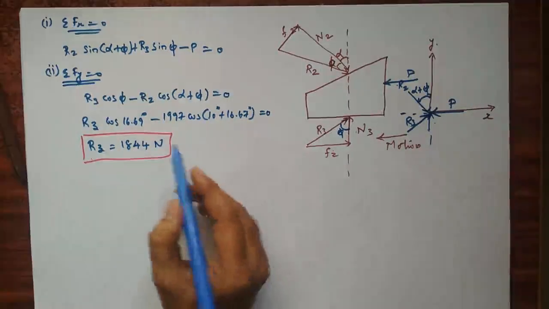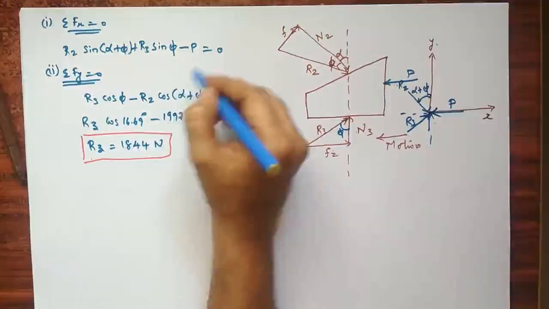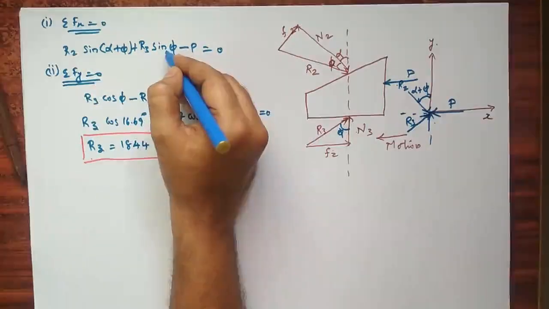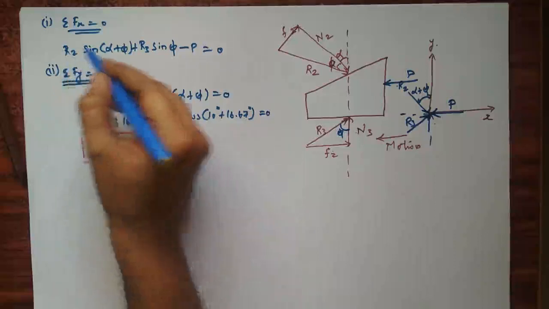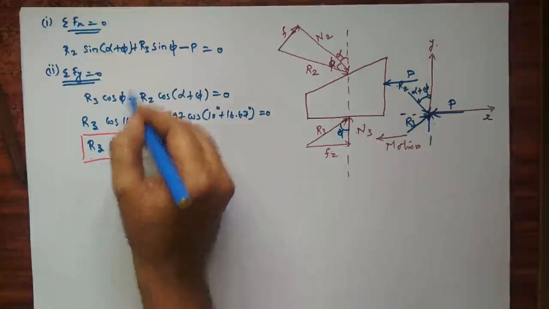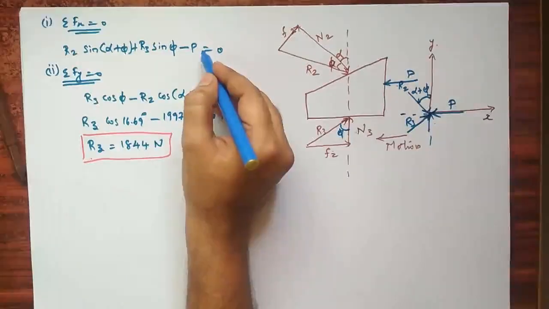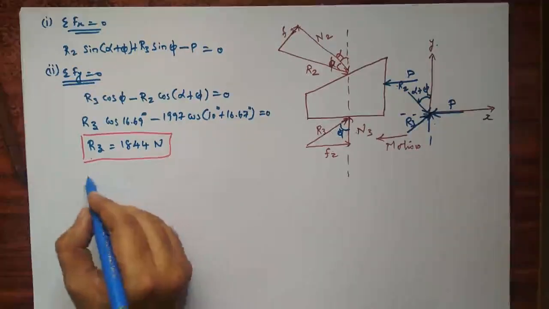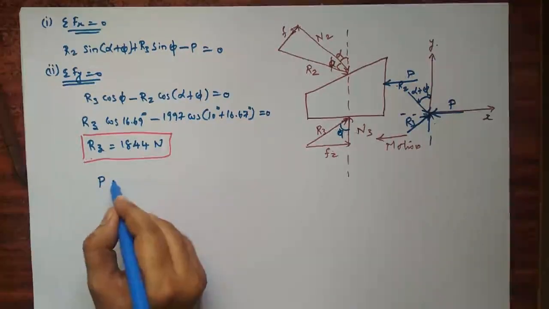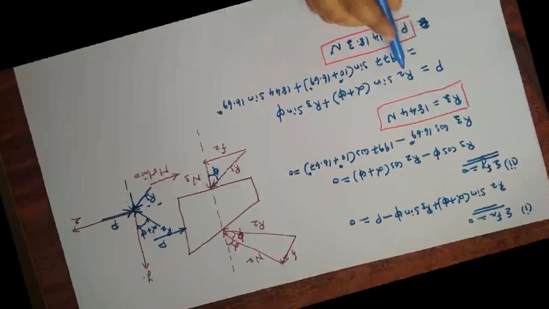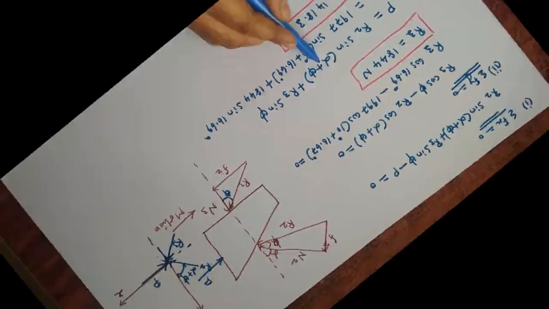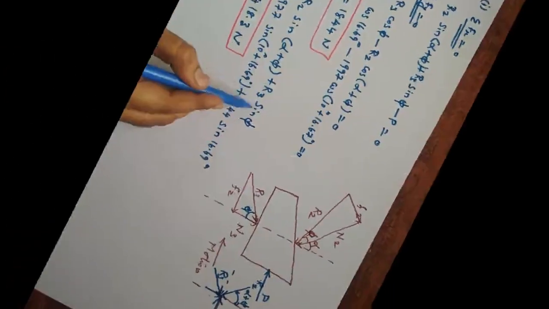So once you calculated the R3 value, you can substitute this R3 value in this equation. Already you know the R2 value. Then I will get the P value. So P equal to R2 sin alpha plus phi plus R3 sin phi.